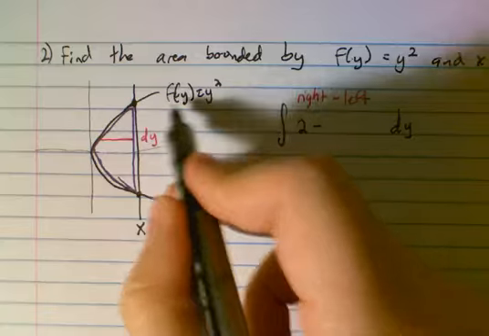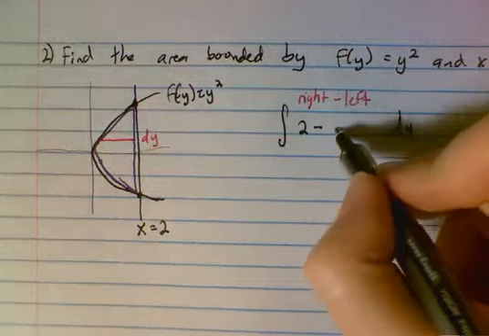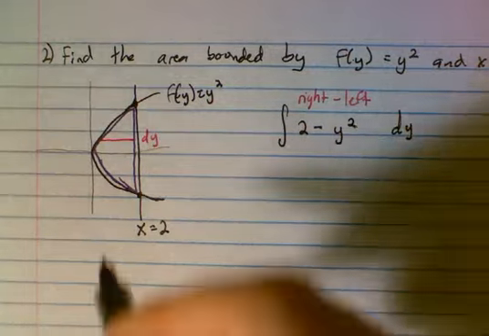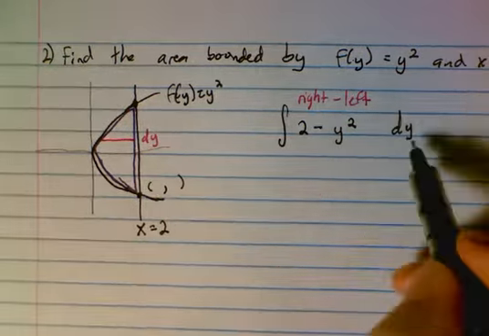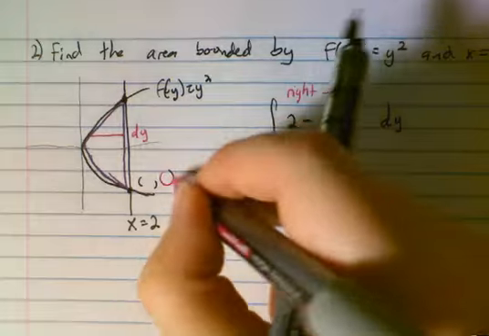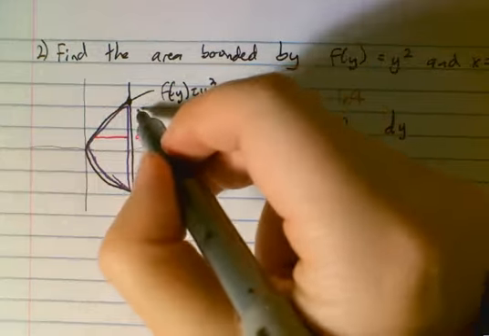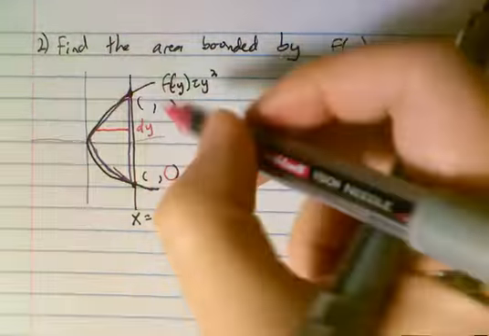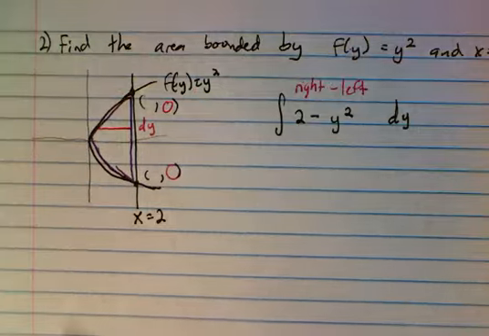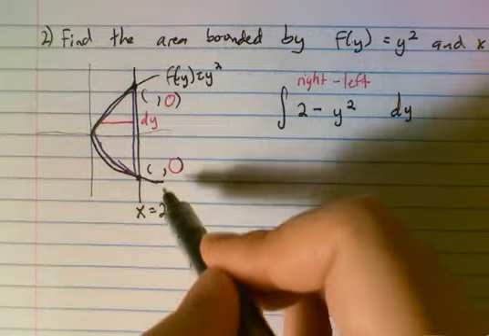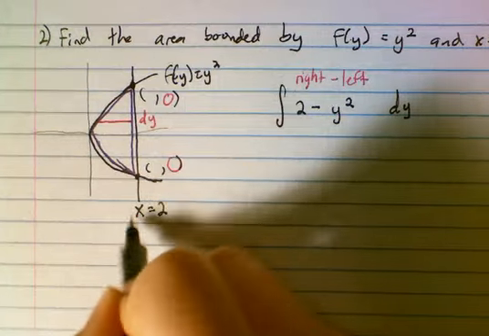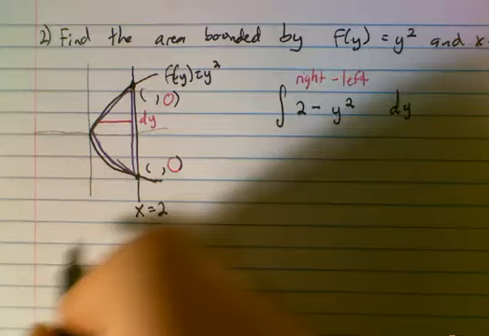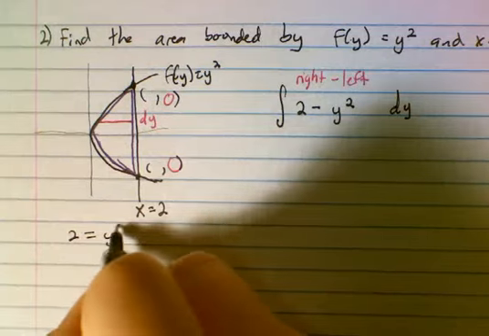Then we're going to subtract this f of y, that y squared. Again, we need to figure out what our starting and stopping points are. We're working with y, so we need the y value to start and stop. Again, we can just set these equal to each other. We shouldn't be dealing with this x over here because we're working entirely in y, so it must be 2 equals y squared.